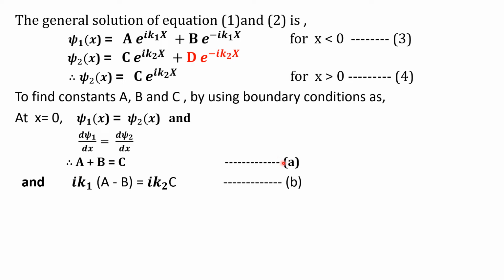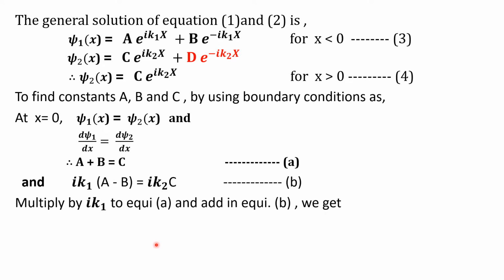Initially we multiply equation a by ik1 and add it to equation b, and we get the result: twice ik1 a equal to i into (k1 plus k2) into c. On the other side, we have ik1 c, and already here is ik2 c, hence we take i common, (k1 plus k2) into c. The i cancels on both sides.